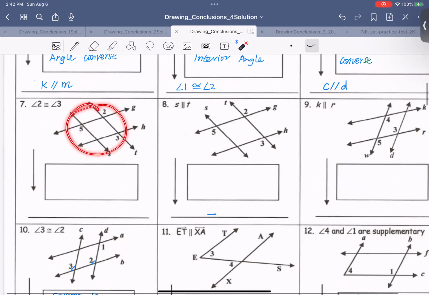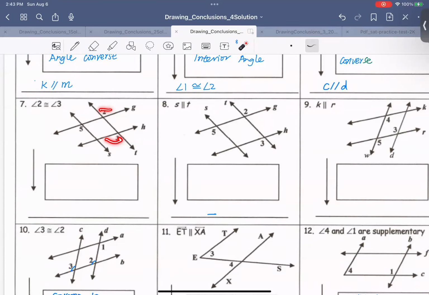Look at here, Sophie. Angle 2, yes, angle 2 congruent to angle 3. Angle 2 congruent to angle 3, you have what? Alternate exterior angle.